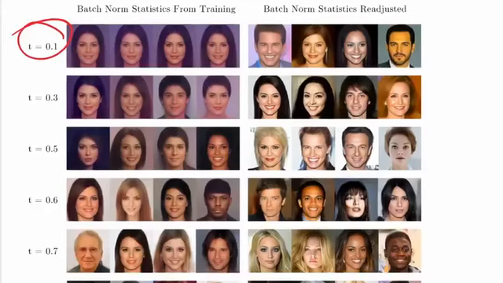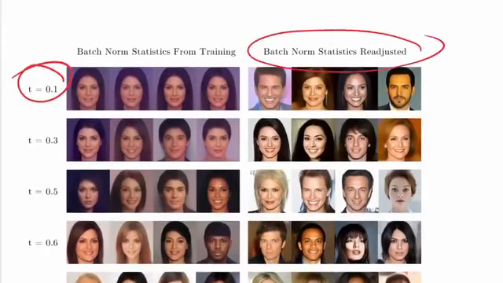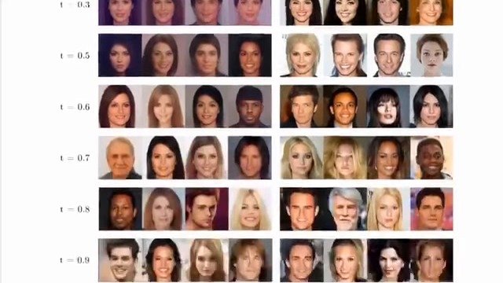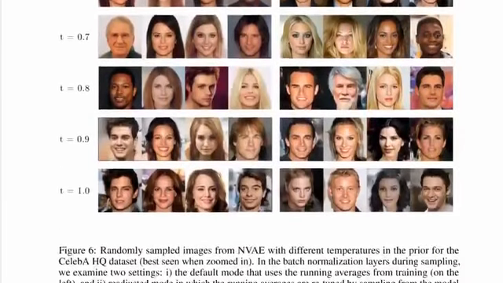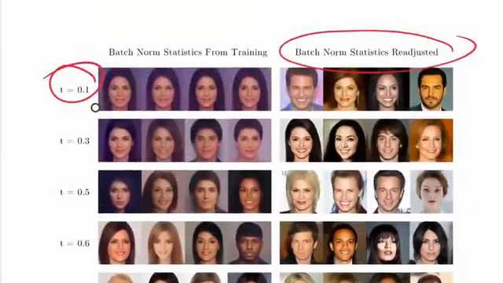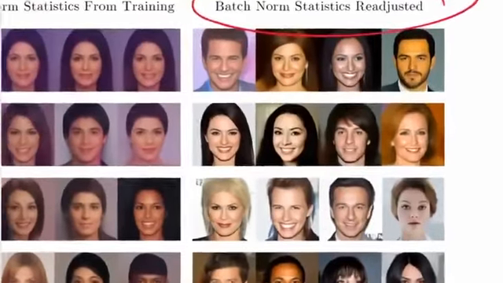They have this method to readjust the batch norm statistics, which I don't want to go into here, but you can read it up to fix that problem. It is a problem that apparently other people have observed as well, and their method apparently manages to fix it.